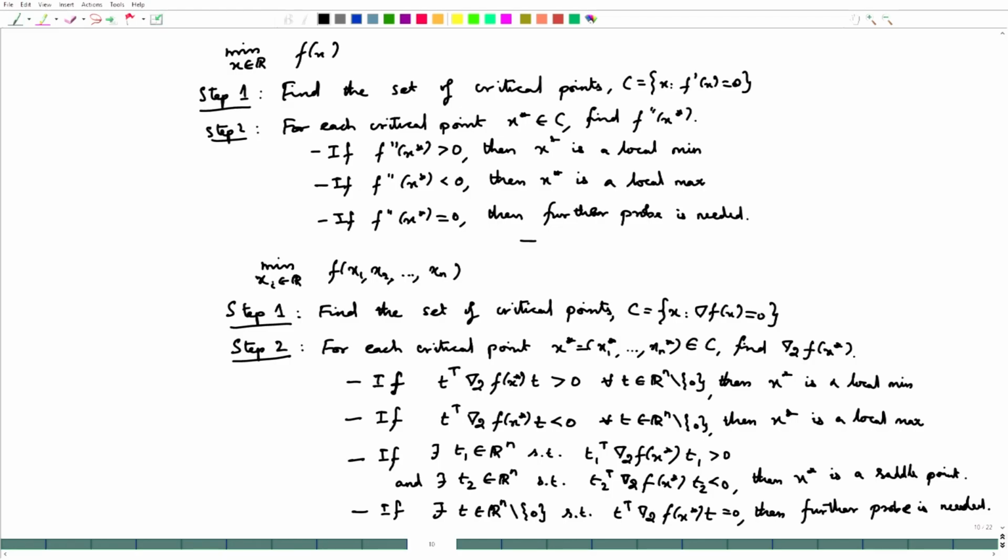You can see that the set of second order conditions is slightly more difficult than what you had for the univariate setting.